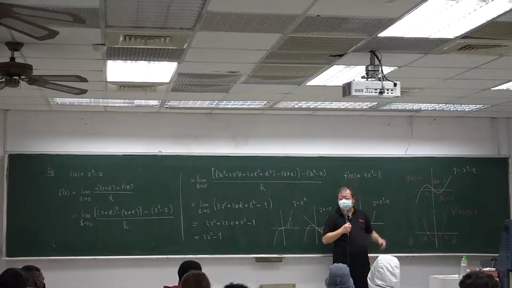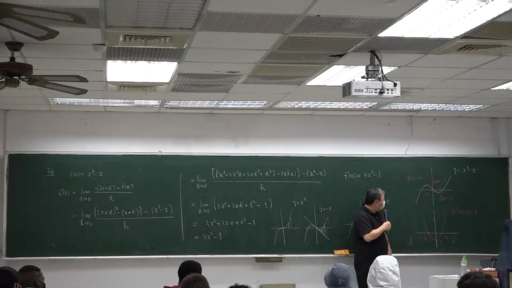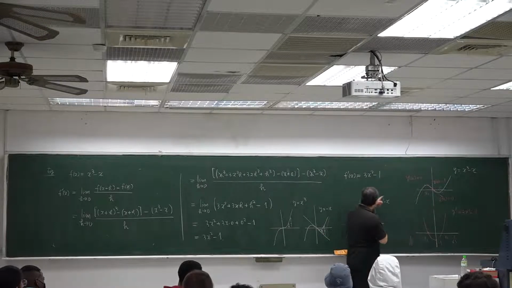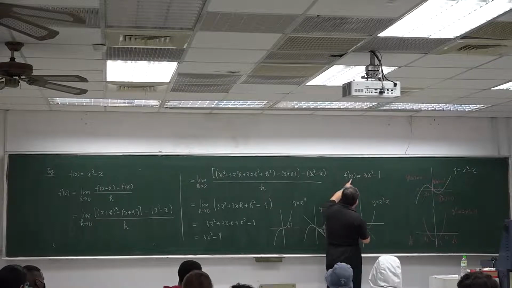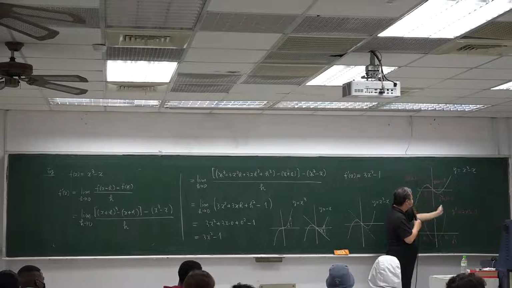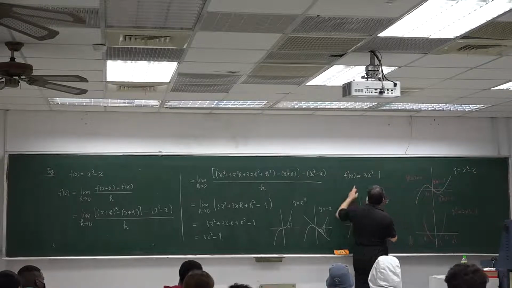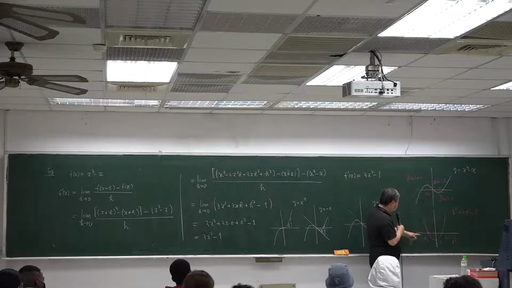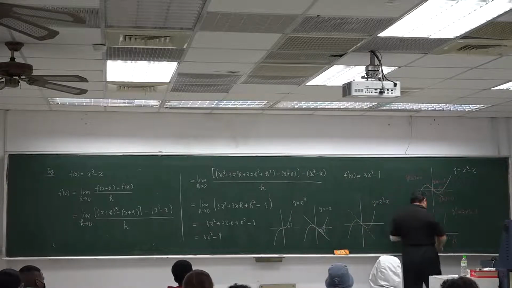Motivation 1. Motivation 2 is velocity. So f prime of 0 equals minus 1 means the slope of the tangent to this curve at the origin is minus 1.